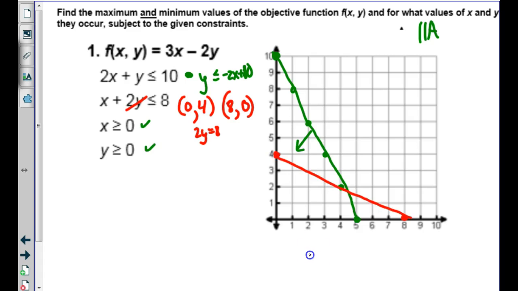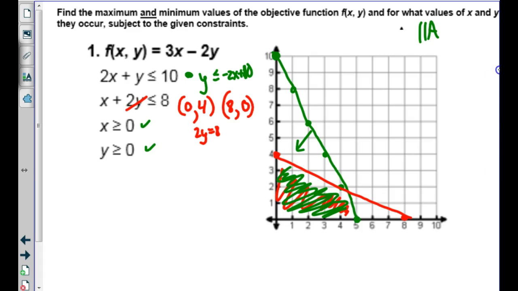Above or below? If you put in the 0, 0 just to check, it works, so we're down this way. All right, so the place that those intersect and is double shaded is this little box down here.